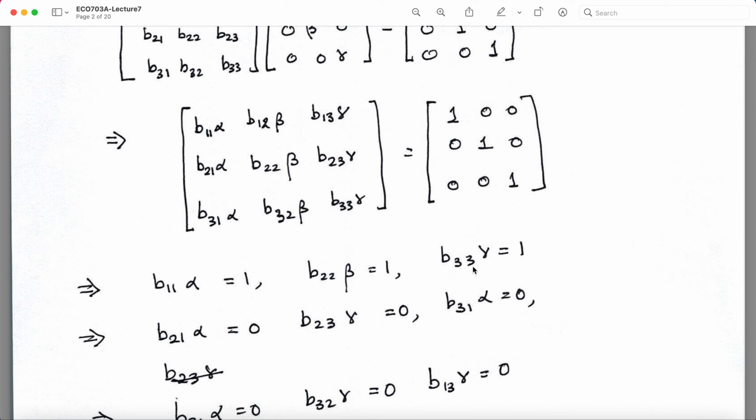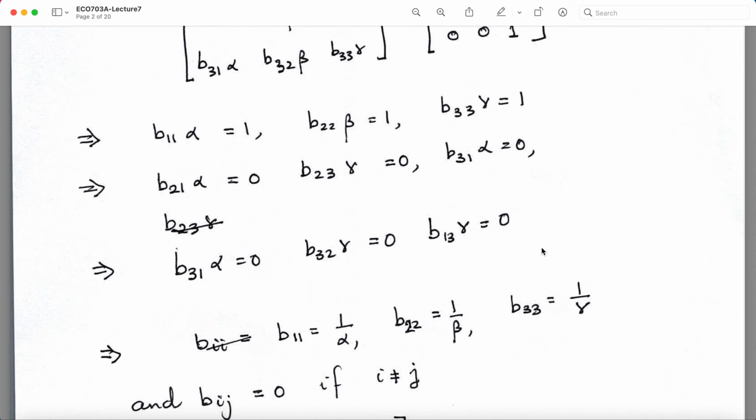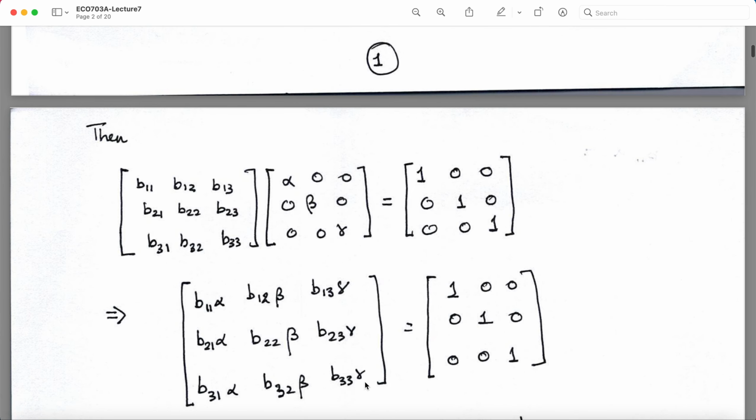But B33 gamma should be equal to 1. Here it would be a problem. It will be a contradiction because B33 into gamma, and gamma is 0, is equal to 1. This cannot happen. So when you put gamma equal to 0, you cannot say that there is a matrix B for which this into this is identity.